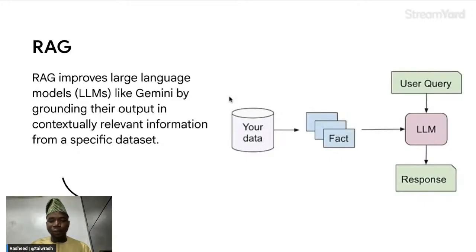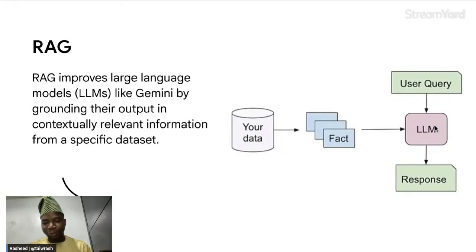Okay, how does it work? If you look at the diagram on the right, we can see that a user comes with a prompt to a particular LLM system, in this case, Gemini. Okay, because we're at a Google event.